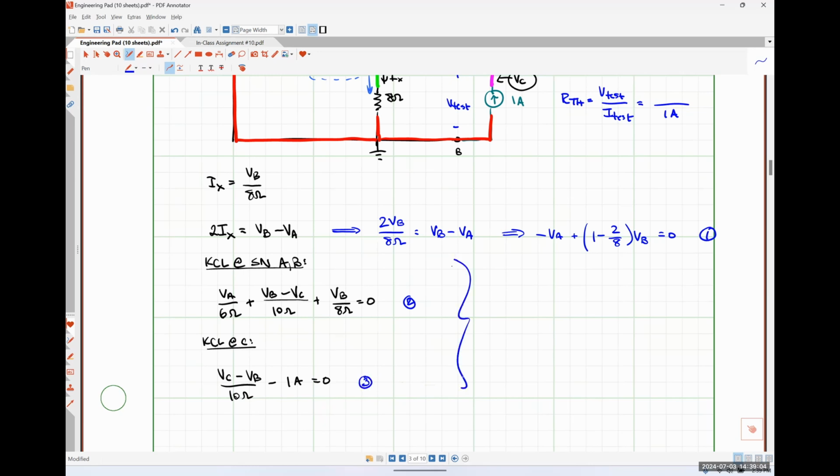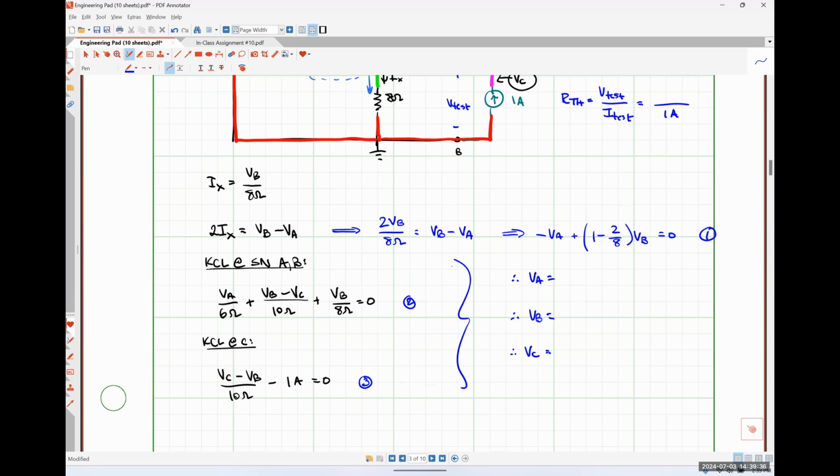So we'll solve this system for VA, VB, and VC. Okay, so in my first equation, my coefficient for VA is -1. My coefficient for VB is 1 minus 2 over 8. My coefficient for VC is 0. My constant term is 0.